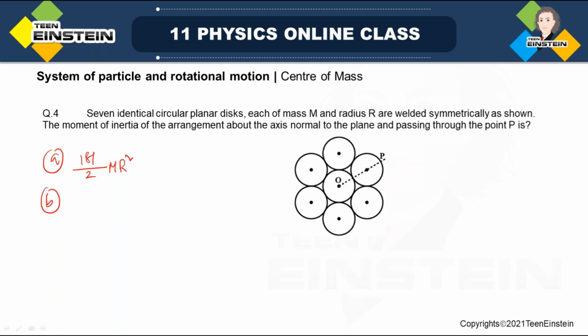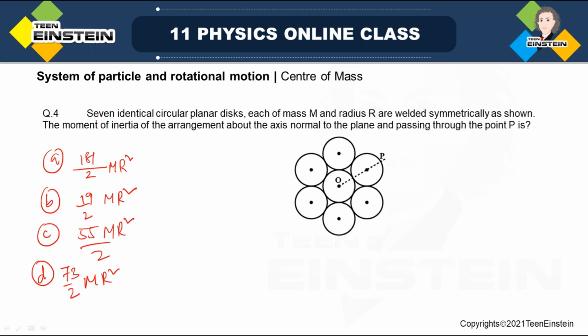Option B is 19 by 2 m r square. Option C is 55 m r square by 2, and option D is 73 by 2 m r square.